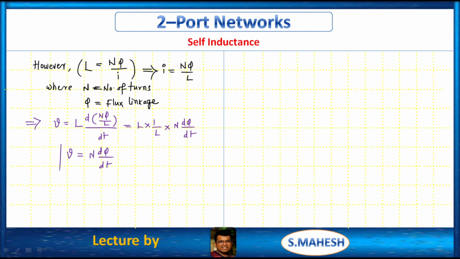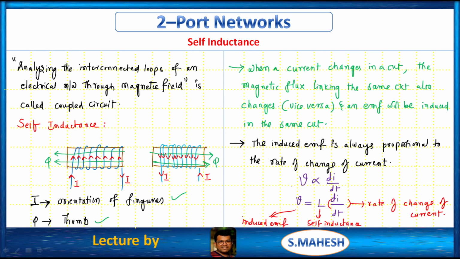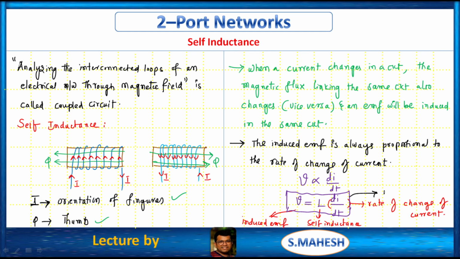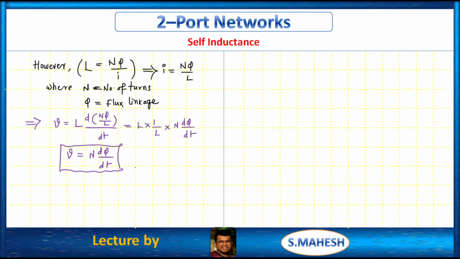This is, let us say, equation 1, and this is equation 2. From 1 and 2, we get L into di by dt, which is equal to N into d phi by dt. dt gets cancelled.